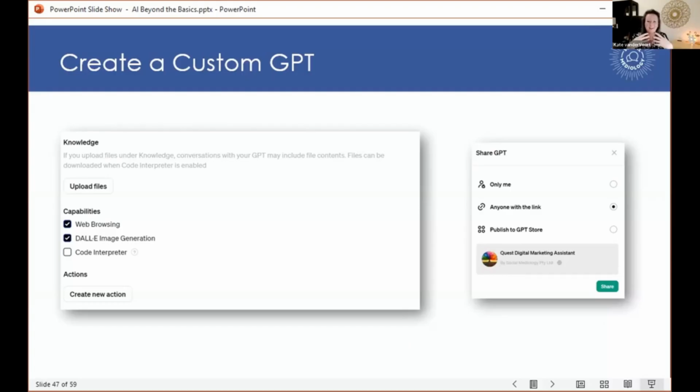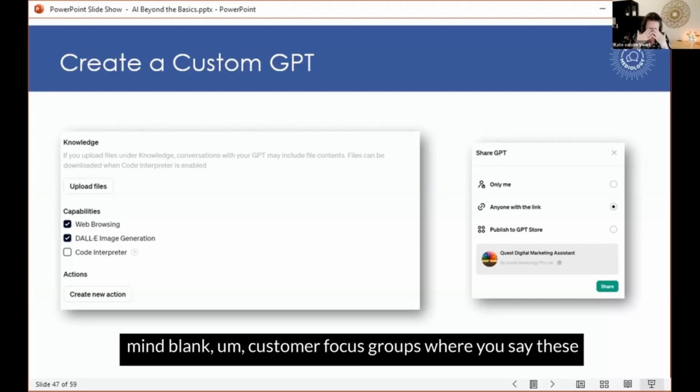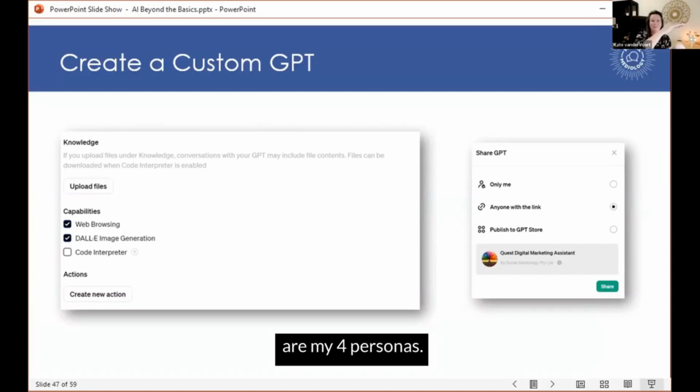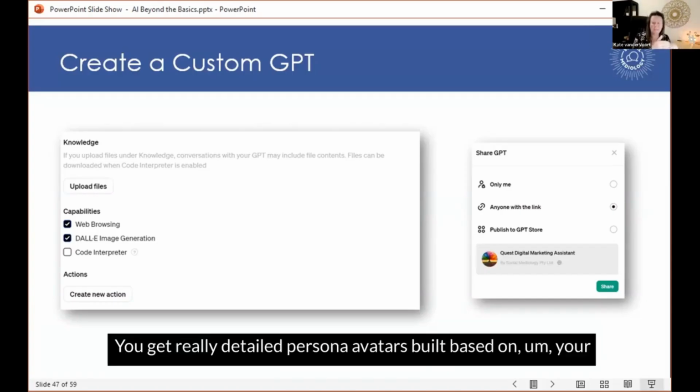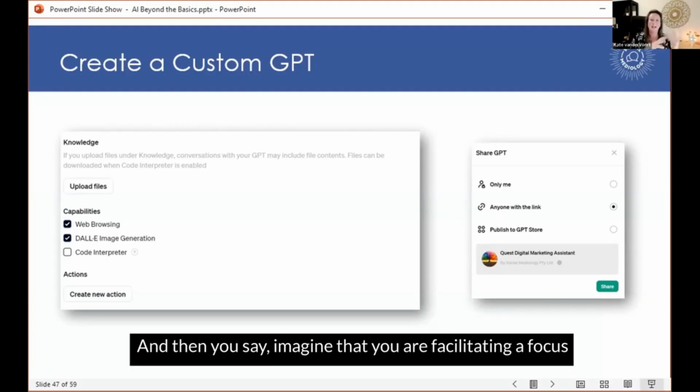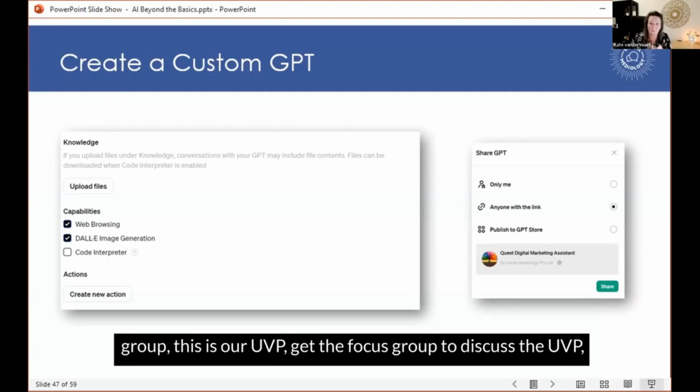I've run customer focus groups where you say, these are my 4 personas. You get really detailed persona avatars built based on your own business. And then you say, imagine that you are facilitating a focus group. This is our UVP.